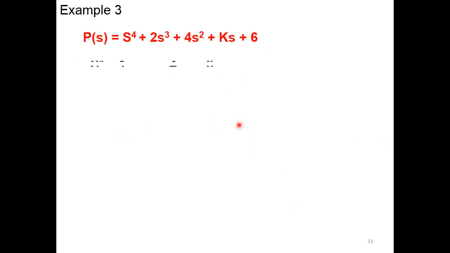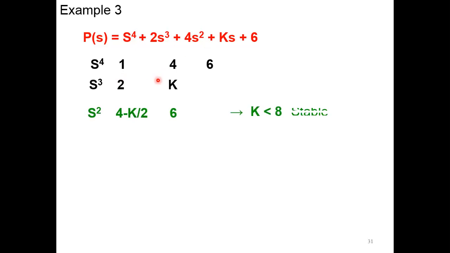Third example, again putting these values in the Routh table. So (4 minus k over 2) should be greater than 0 in order for the system to be stable.